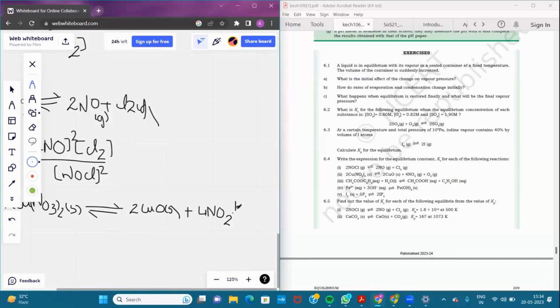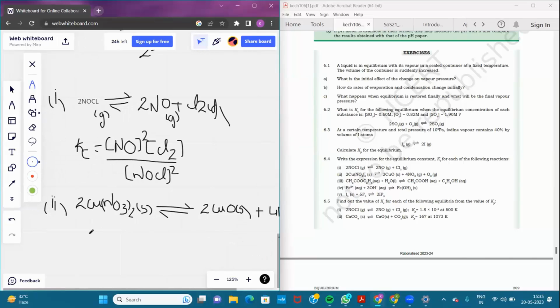This is gas. O2 is also gas. So we'll write Kc only for the gaseous products in this given reaction, because pure solids will not be mentioned in the equilibrium constant expression. So NO2, here stoichiometric coefficient is 4, we'll raise the concentration to the power 4.